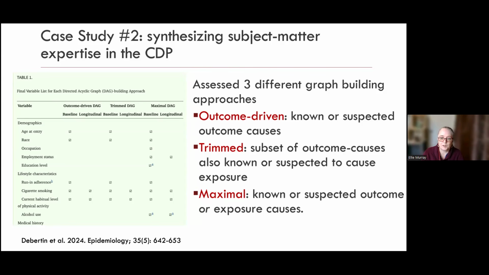And then the final approach was what we call the maximal approach, where we thought, well, we're not necessarily confident about whether arrows should be omitted between a variable and exposure or a variable and outcome. So what if we put on everything that's suspected to be an outcome or an exposure cause? That way we're making the fewest assumptions about omitted arrows.